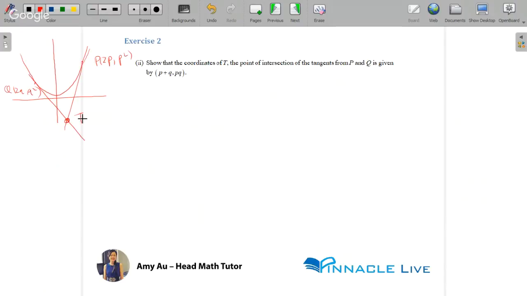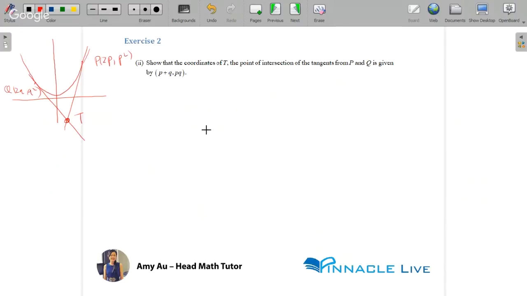Okay, so we're trying to find that point. Now, a very common way to frame this type of question in the recent 2 years with the reference sheet these days is kind of like this. They will just say find the coordinates of the point T, which is the intersection of the tangents at P and Q, without the preceding part that asks you to prove it.